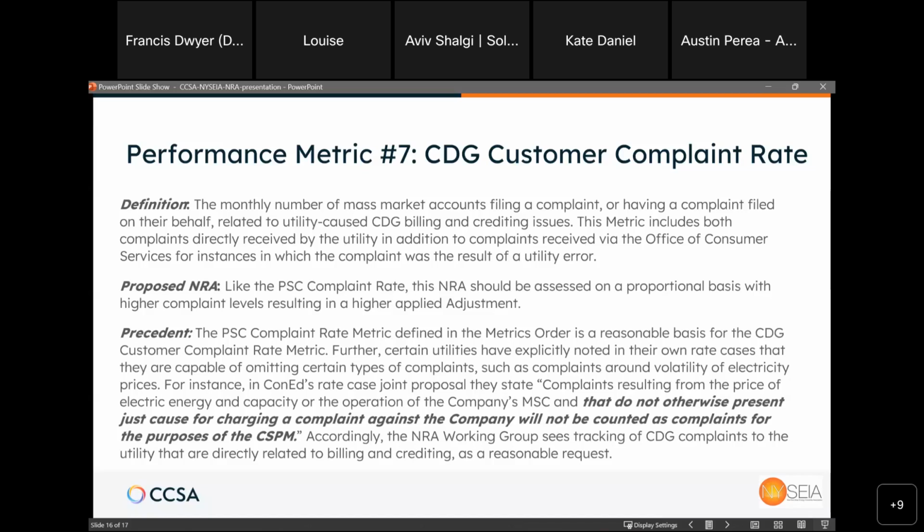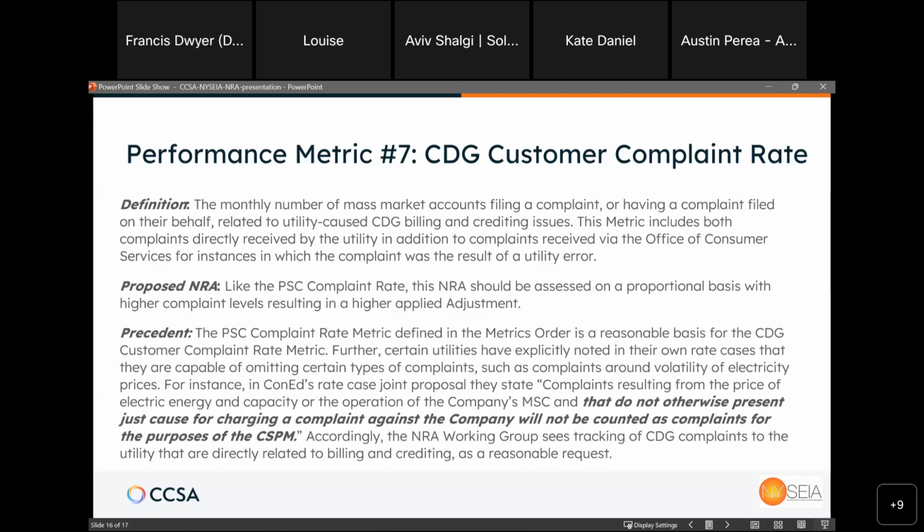And then last but not least, but probably most important, is the concept of the customer filing a complaint on their behalf or having a complaint filed on their behalf. And the reason that that's important, and Aviv just alluded to it, is that often customers are calling, especially if they've had trouble with the utility and they've called the utility and they haven't gotten the solution that they need, or they've gotten frustrated, they're calling someone else and it's not necessarily OCS second, right?